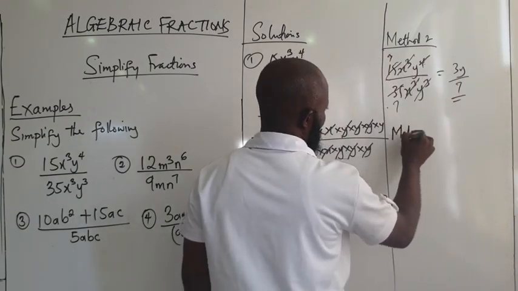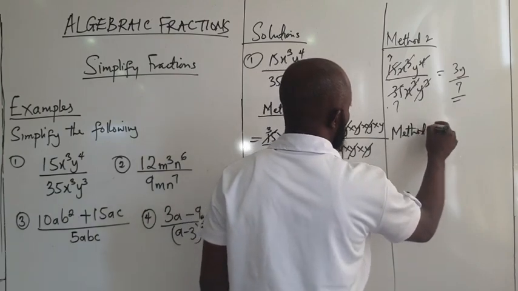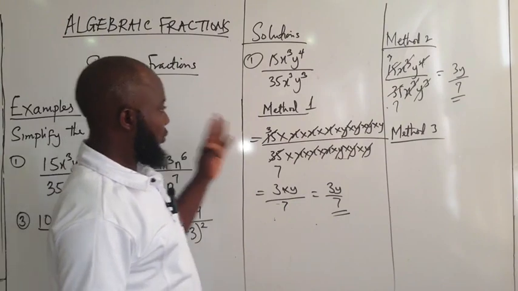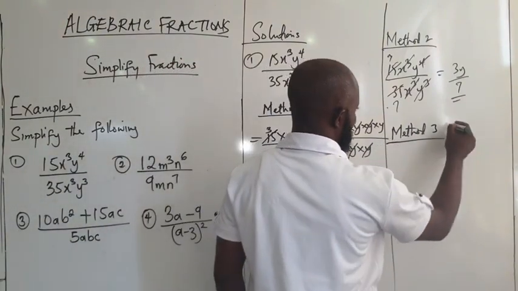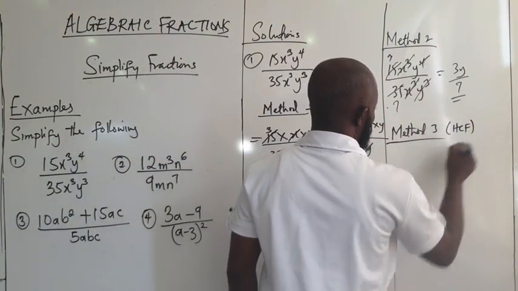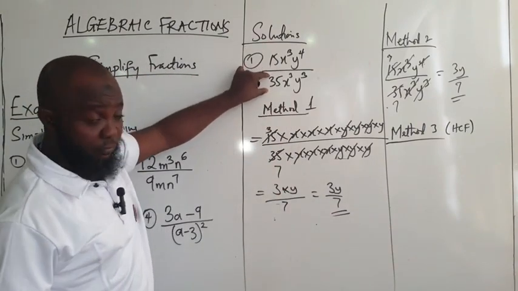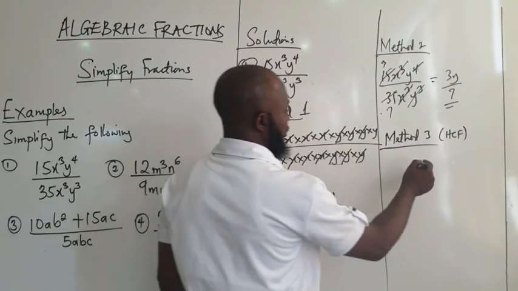The third method is this. Method 3, making use of the HCF method I told you about. We find the HCF of the numerator and the HCF of the denominator. So we can decide to make use of this.